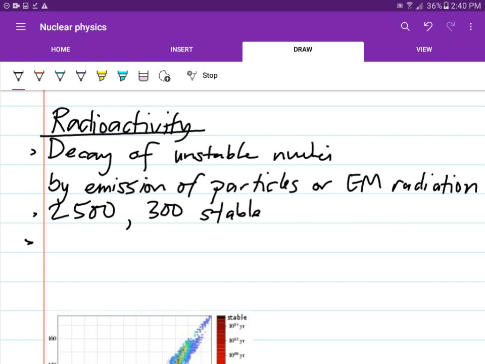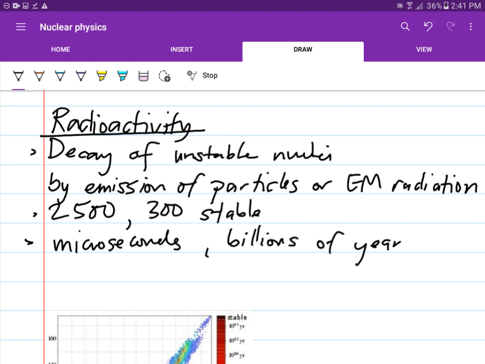The time interval of this decay can range from microseconds to billions of years. Later on, we will talk about radioactive decay in terms of these time intervals.